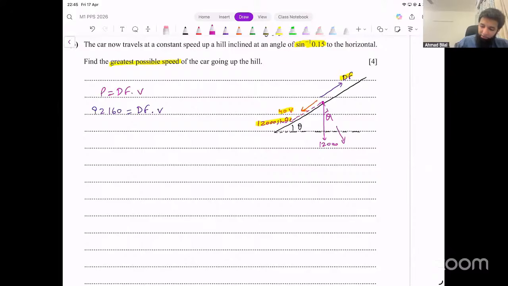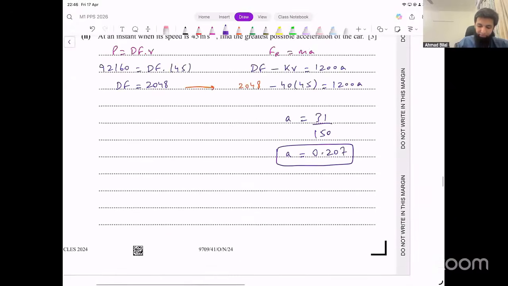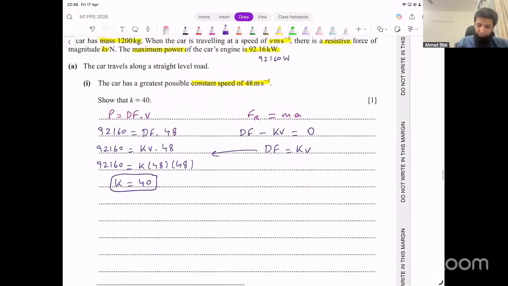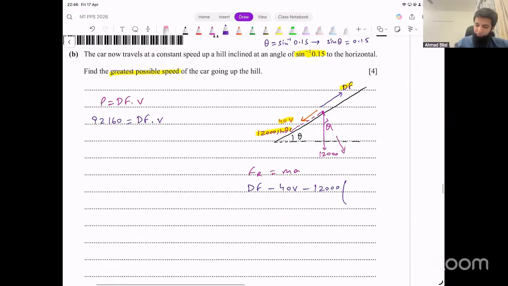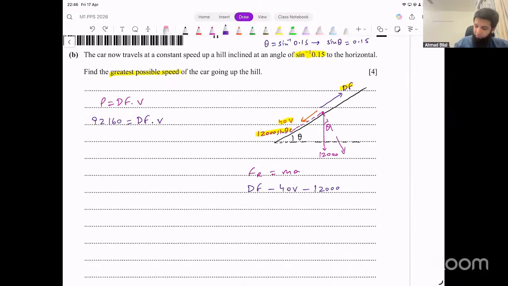Then we make another equation. Resultant force equals mass into acceleration. What's the forward force? The forward force is driving force. Backward force is 40 times V and 12,000 sine theta. What was the value of sine theta? 0.15. 12,000 into 0.15, that equals mass, which is 1200 into acceleration.